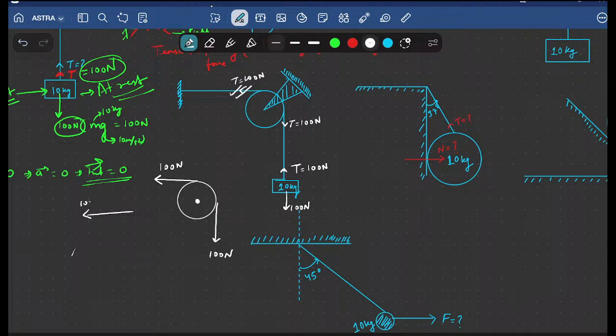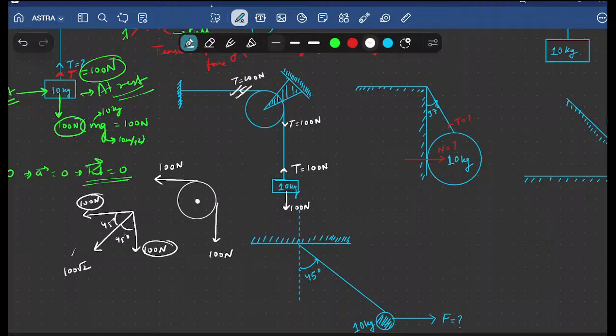If these are two vectors of 100 Newton each, then the resultant is given by a vector which will pass in between them, and the magnitude will be 100 root 2. Since both vectors are equal in magnitude, the resultant will pass in between them, bisecting the angle. If the angle is 90 degrees, then it will be 45 degrees and 45 degrees, something like this.